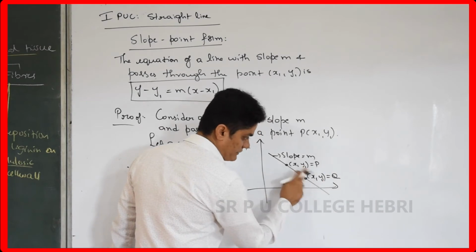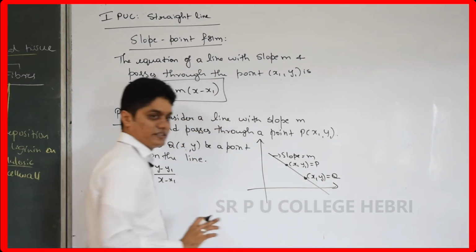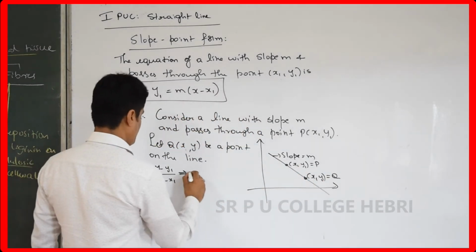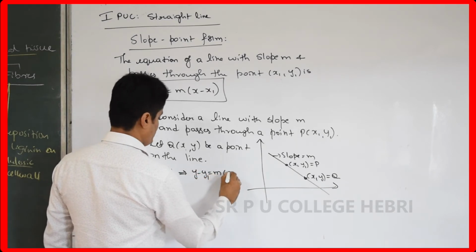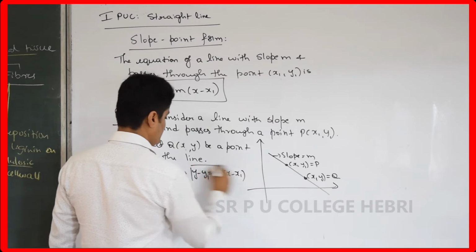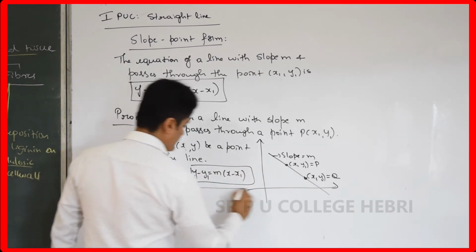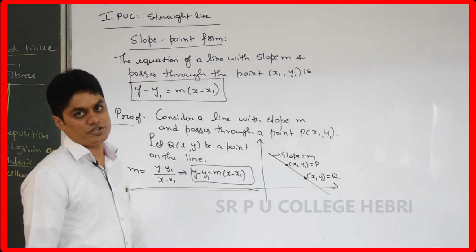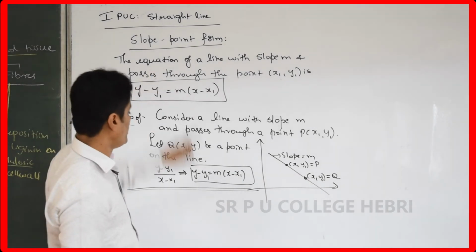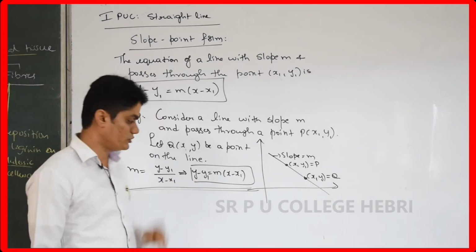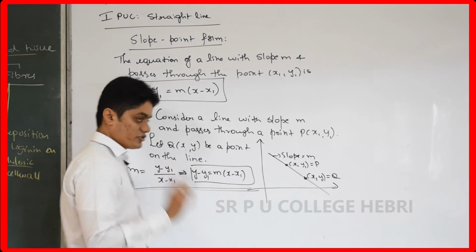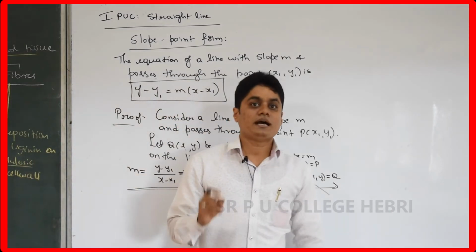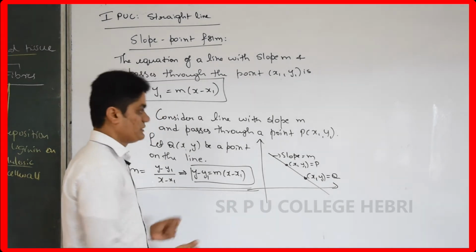So cross multiply, and you will get y minus y1 equal to m into x minus x1. That's it. Without any difficulty you can get the equation of slope point form as y minus y1 equal to m into x minus x1. So what does this represent? Equation of a straight line with the slope m and passing through the point x1 y1.